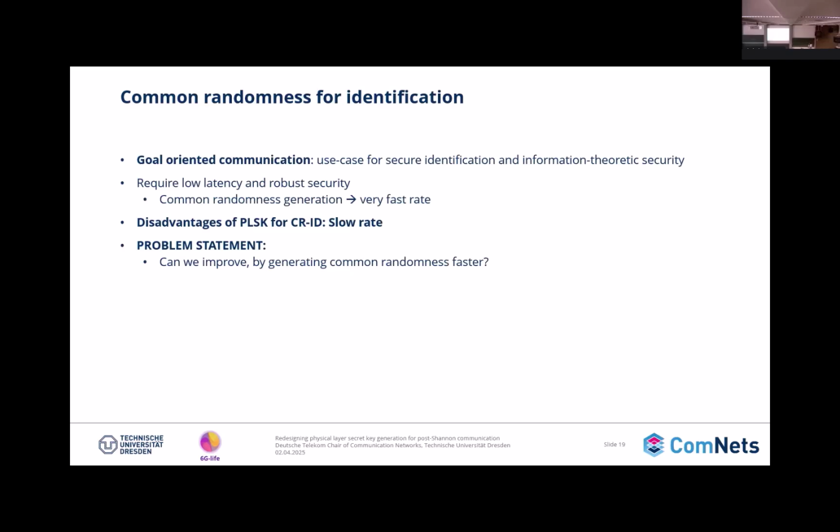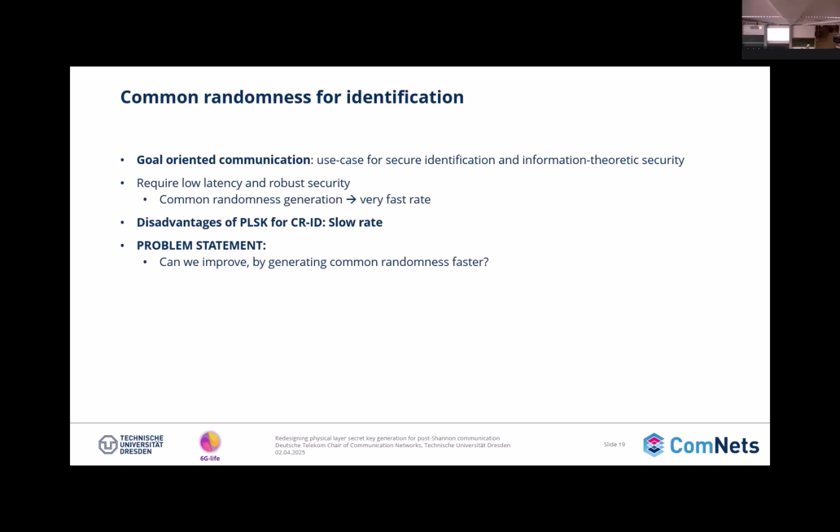But when we talk about identification, which is more of a goal-oriented communication aspect, we require secure identification, and we also require information theoretic security. The idea is that the PLSK schemes on their own actually generate common randomness at a very low rate, because their primary objective is to provide security.